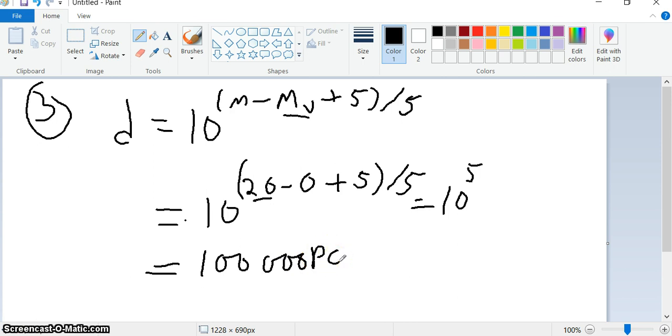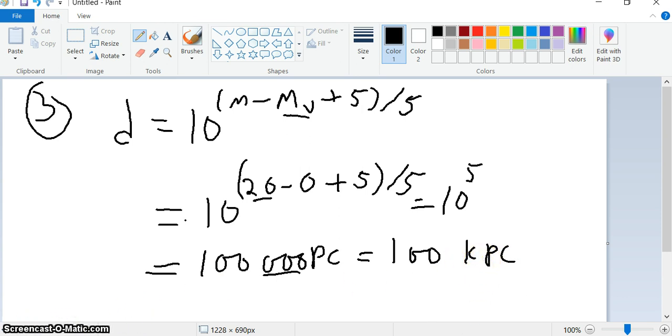Let's write it slightly differently, and in fact we're going to use this a lot when we talk about galaxies. Since this is 1,000 right here, we'll call it 100 kiloparsecs. That's very typical of galactic distances, or even sometimes we get megaparsecs as well.